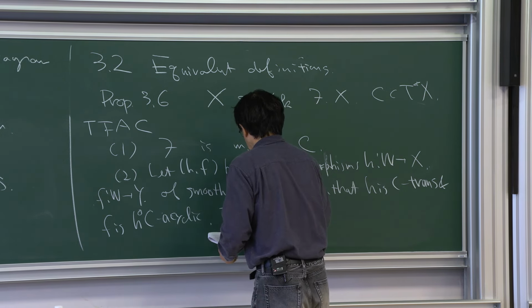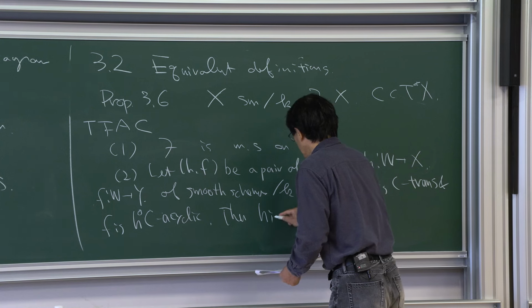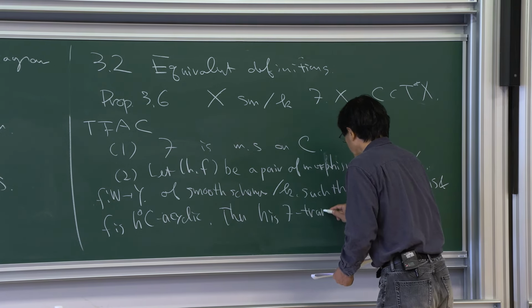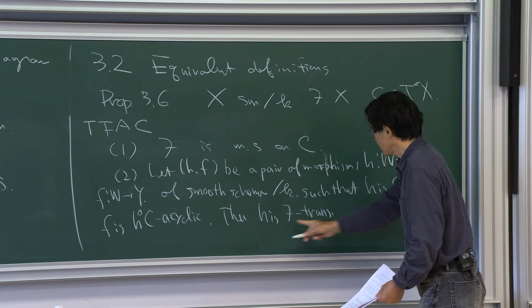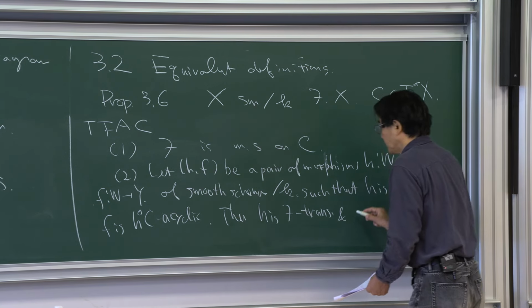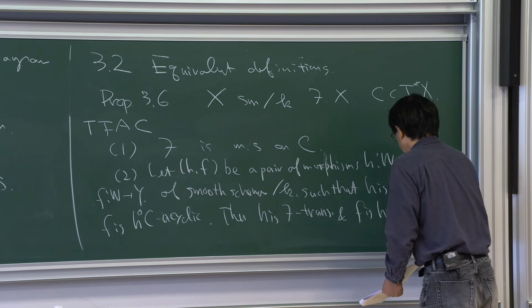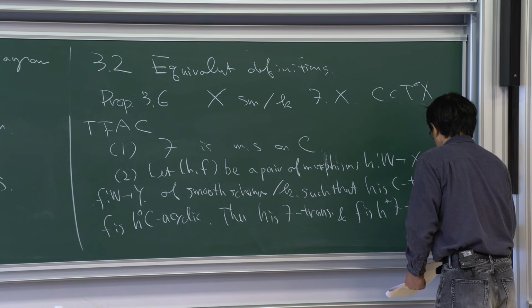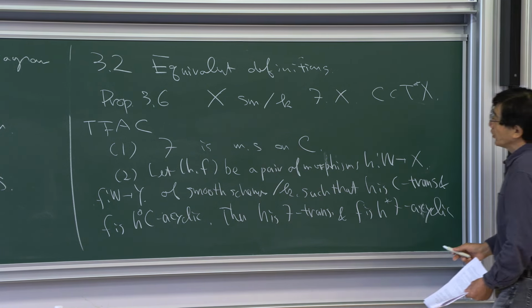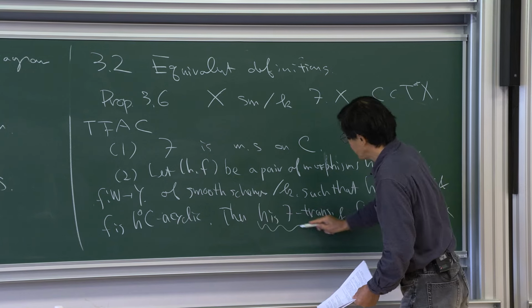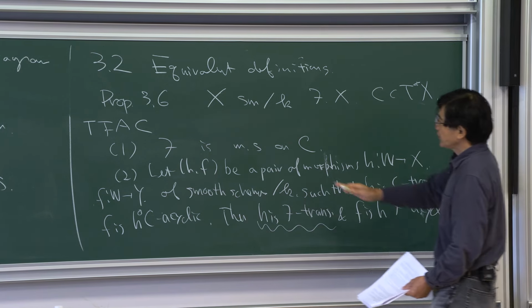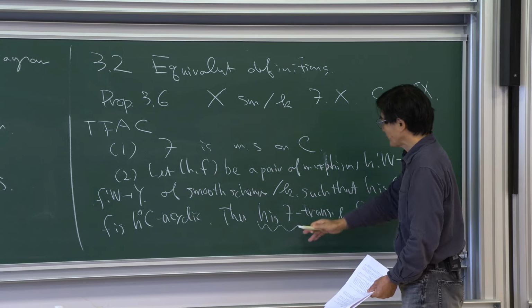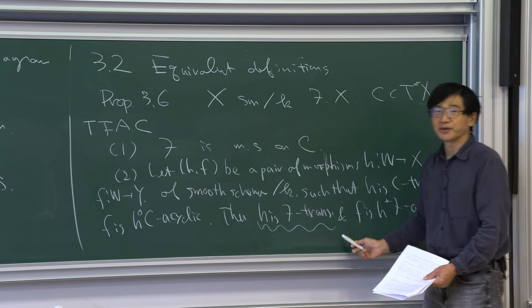Then the corresponding morphisms have the corresponding properties. The first morphism h is F transversal and the second morphism is acyclic. So this is new. In the definition here, it's the same, except that we don't have this condition.